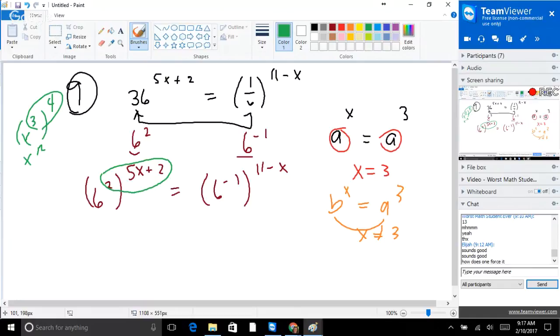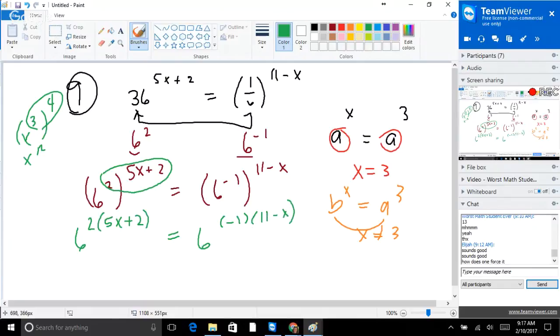We're going to do the same thing here. It's going to be 6 to the 2 times 5x plus 2 power equals 6 to the negative 1 times 11 minus x.